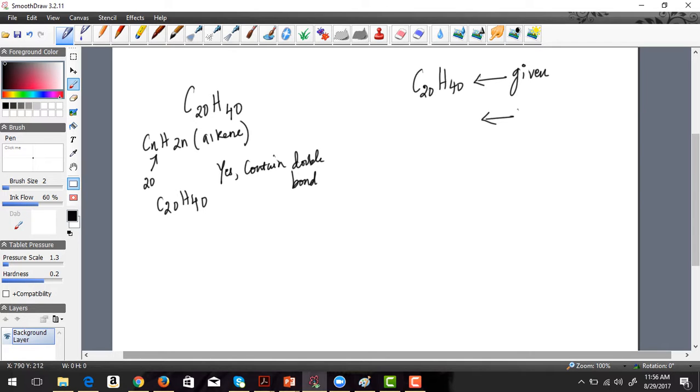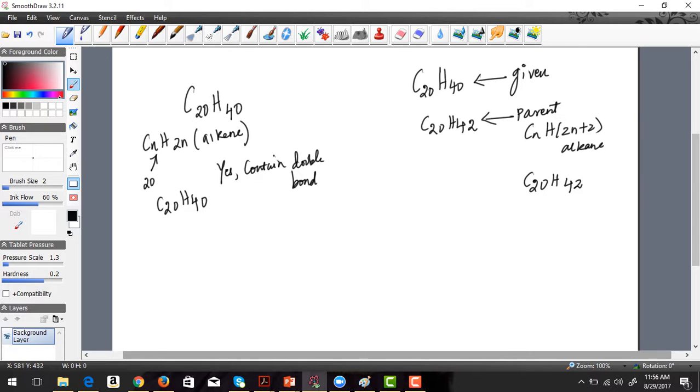You have to figure out the parent compound for this, and that's nothing but the alkane formula. Alkane, not alkene. You do, however, have to use the same 20 to do that. So C20H42. This is the parent.